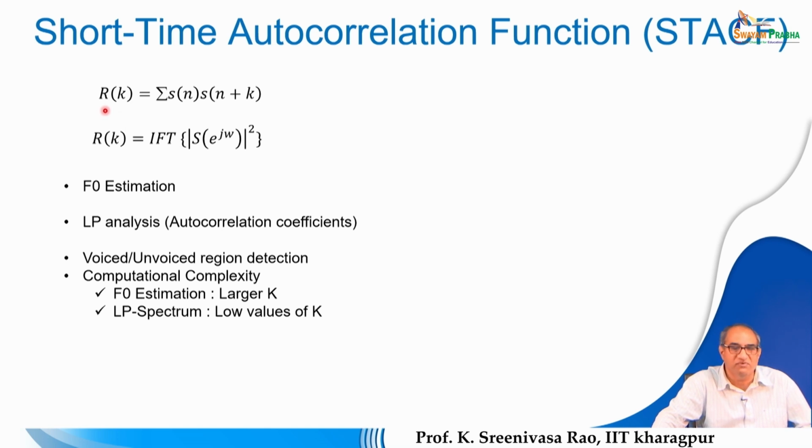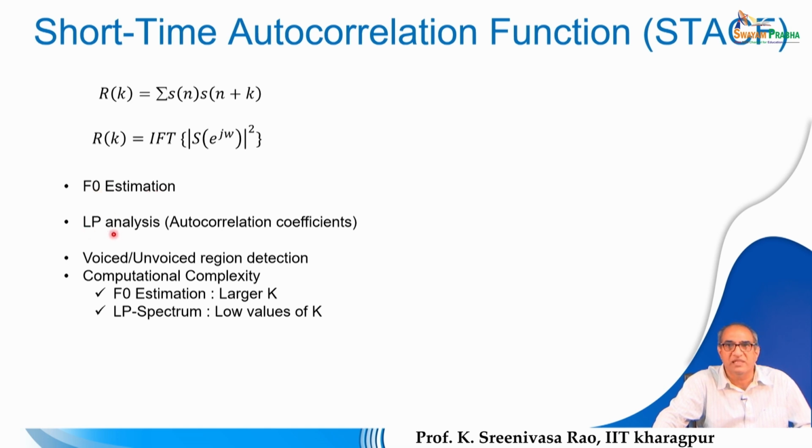It means you need to compute the autocorrelation function for 100 shifts. Only then can you see some periodicity in the autocorrelation sequence. So the computation of the autocorrelation function is computationally more expensive for estimating pitch or deciding whether the segment is voiced or unvoiced.